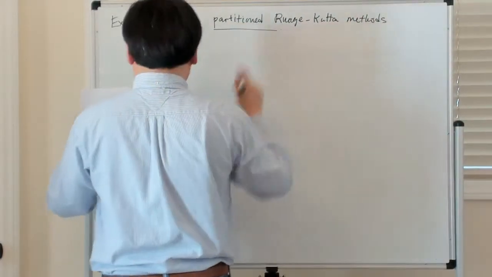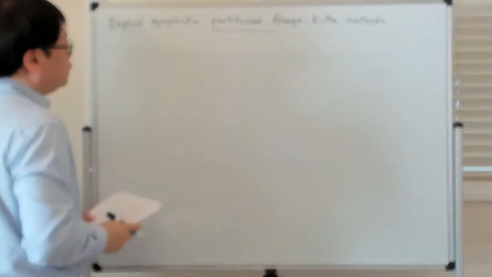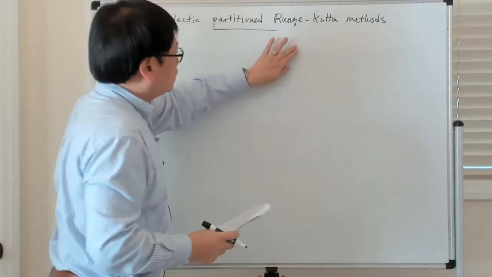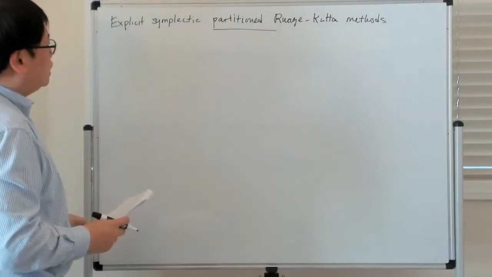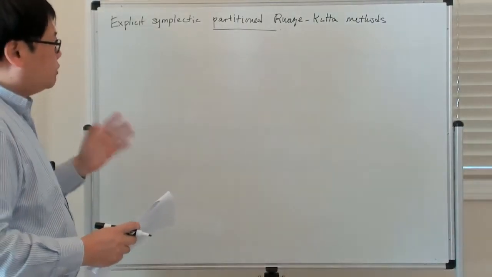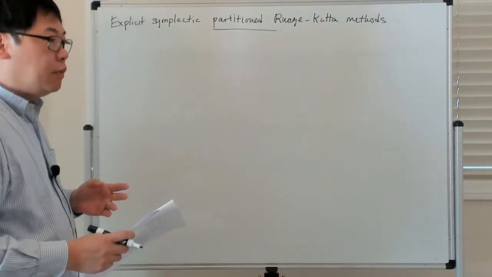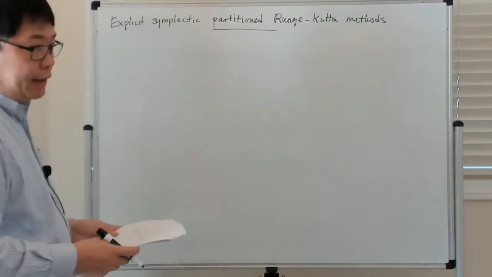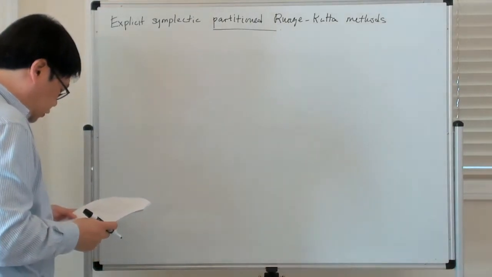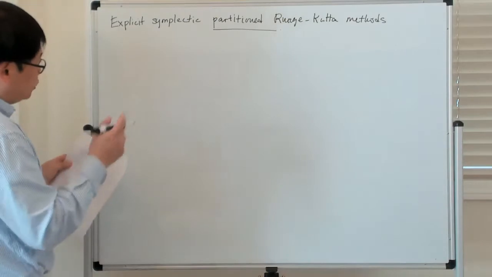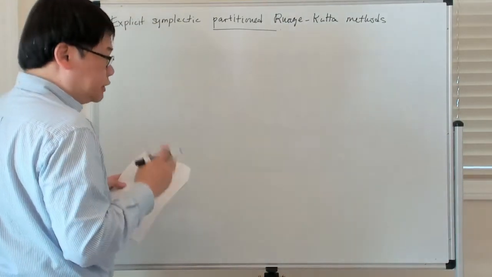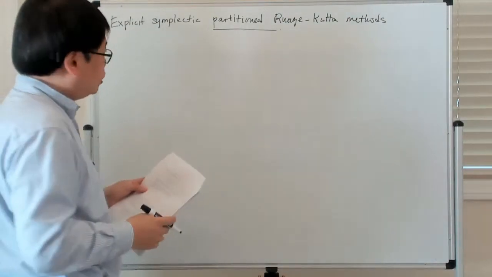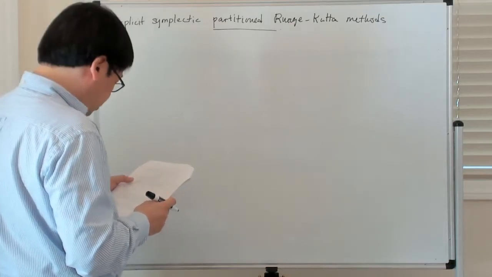So the first observation, if you will, is that Hairer showed that all explicit symplectic partitioned Runge-Kutta methods can arise as the composition of some underlying one-step method. Let me show you what that is, and then we'll talk about how you can interpret that as a variational integrator.